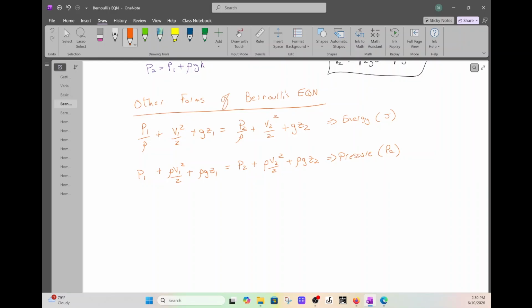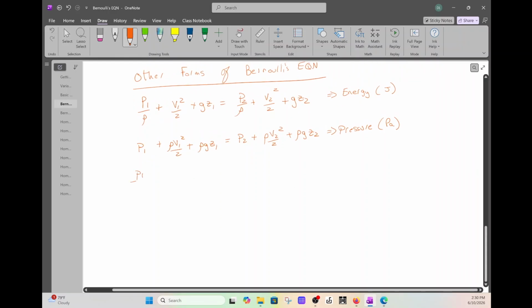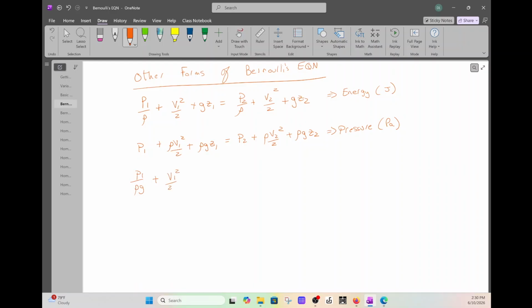We could also divide, using the first term of the energy, divide each term by G. So P1 over rho G plus V1 squared over 2G plus Z1 equals P2 over rho G plus V2 squared over 2G plus Z2.